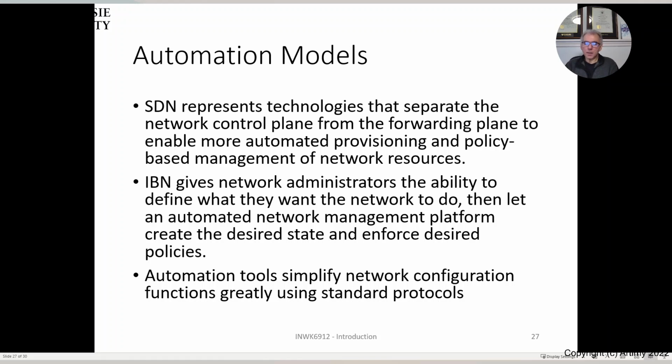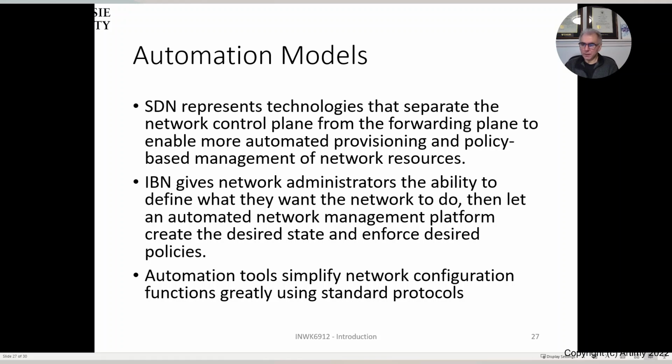Then we have another similar concept called intent-based networking. The idea here is the network administrator tells the network what she wants to do, and then the network figures out how to configure itself by itself, right?